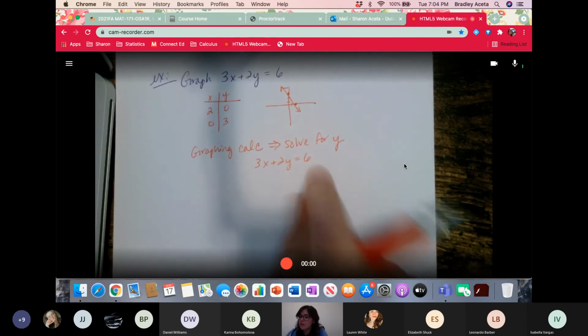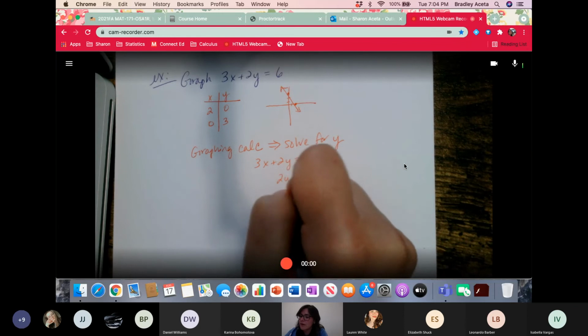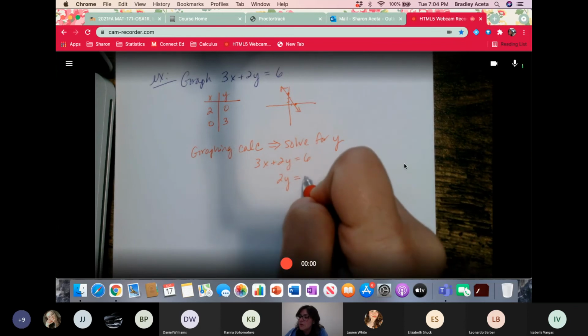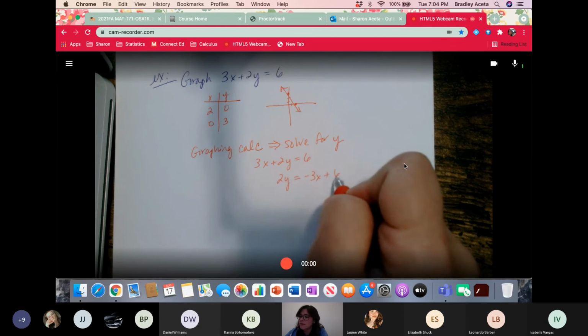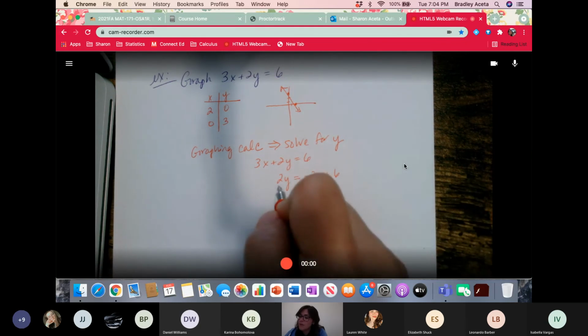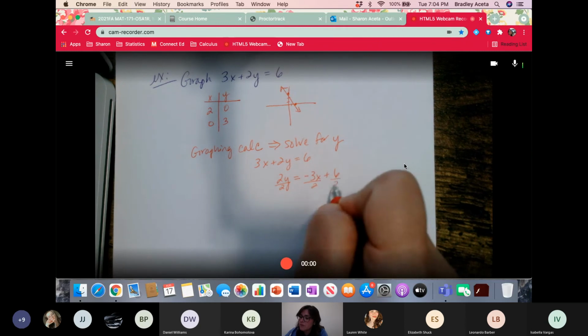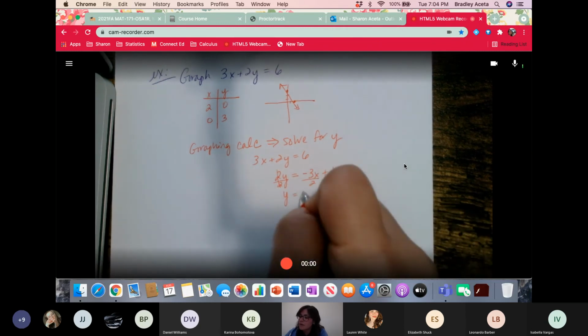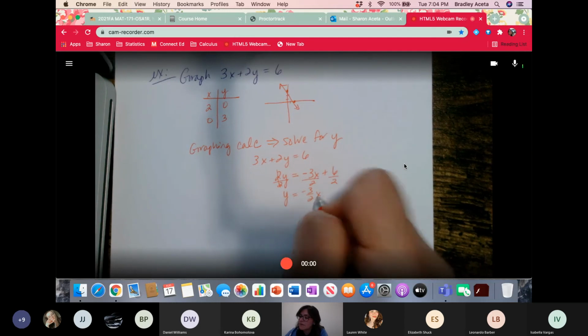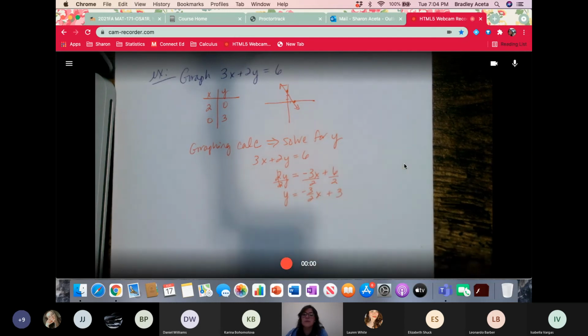I would subtract 3x over. So 2y equals negative 3x plus 6. And then this 2, I would divide everything by 2. So y equals negative 3 halves x plus 3.